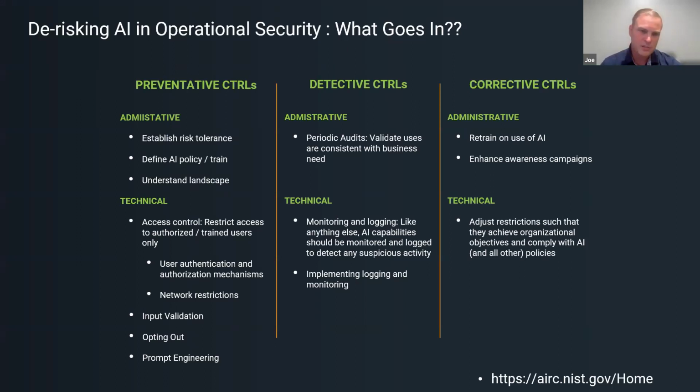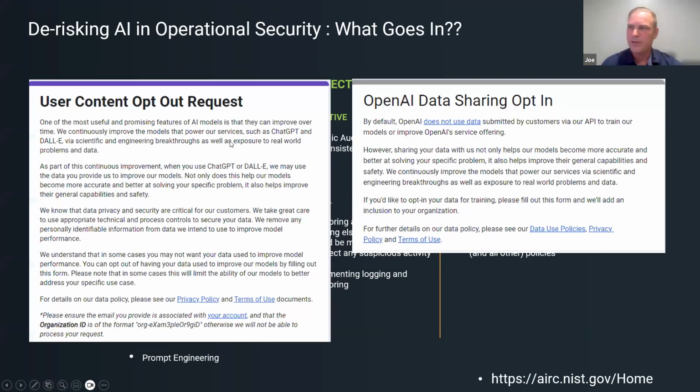Definitely input validation is going to be key here. So where we can, restrict what can be submitted into these platforms. And then opt-in, opt-out. I thought this was kind of interesting and wanted to share. So with at least OpenAI, by default, when you start using the web UI, you're already opted in.